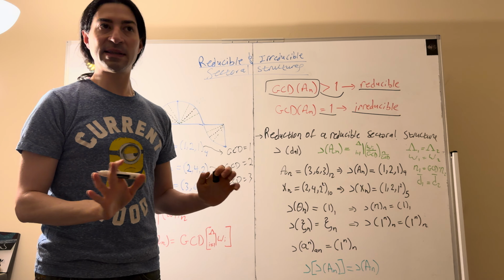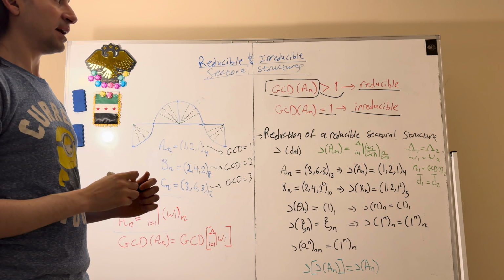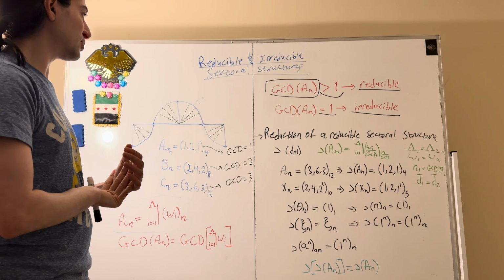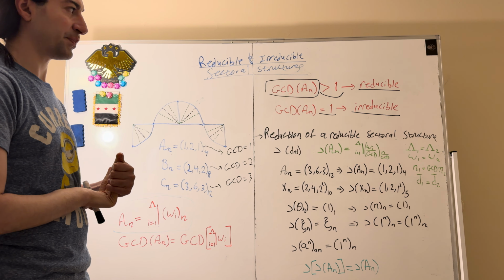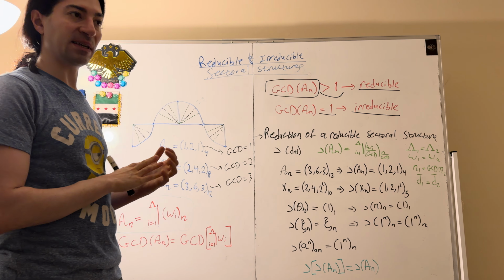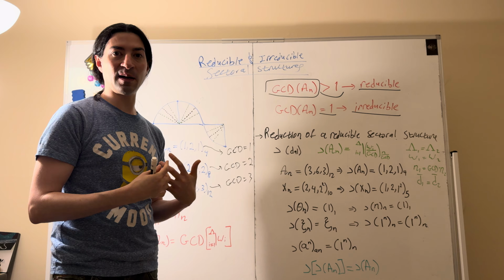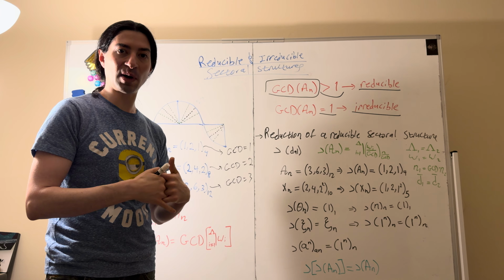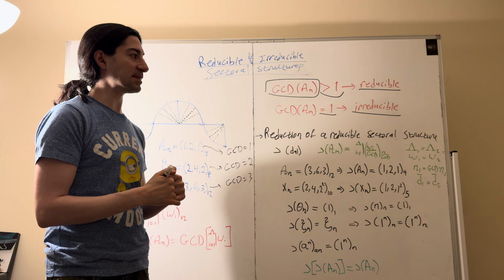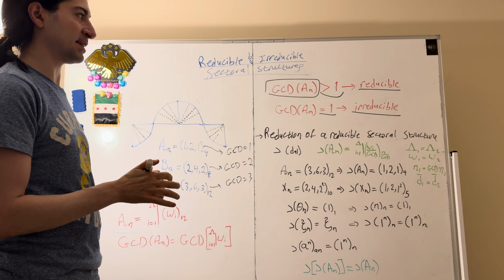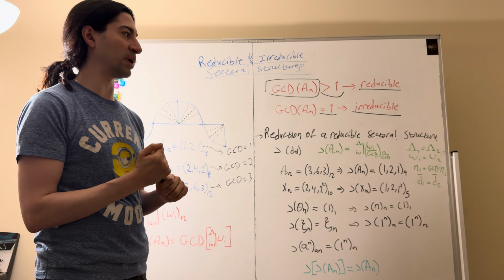So this is the simplest way to define a reducible and an irreducible sectoral structure. Now keep in mind, some sectoral structures can be made up of a very large number of parts, so sometimes it's not directly obvious whether it is reducible or irreducible.